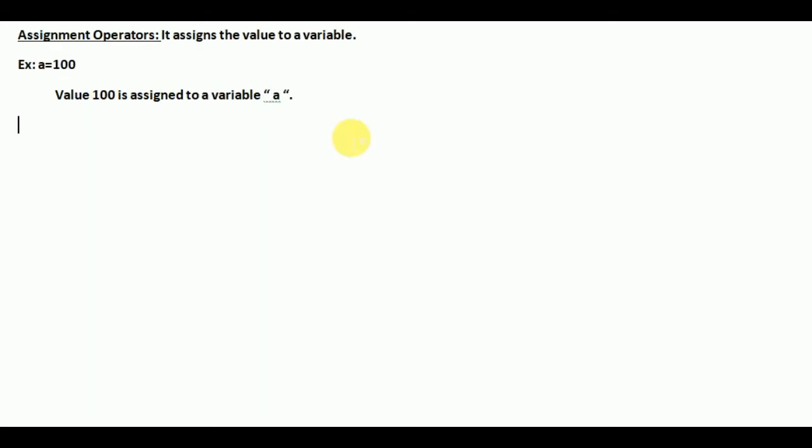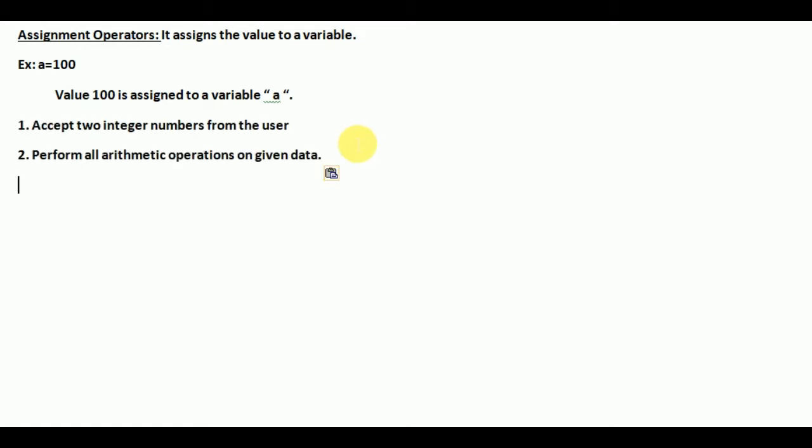To implement the assignment operator, there are two rules. Accept two integer numbers from the user side, then perform all arithmetic operations on the given data. How?